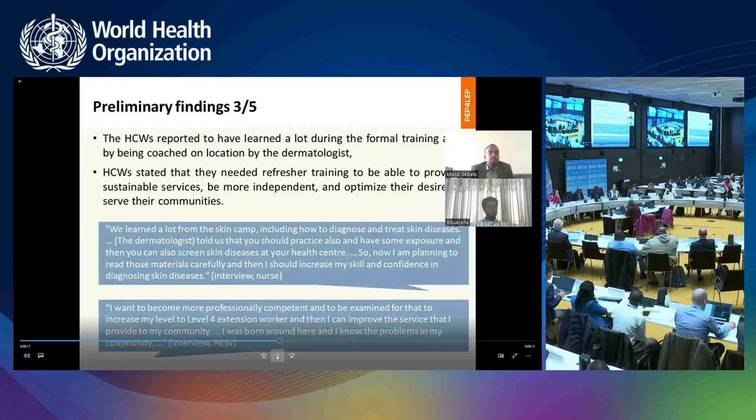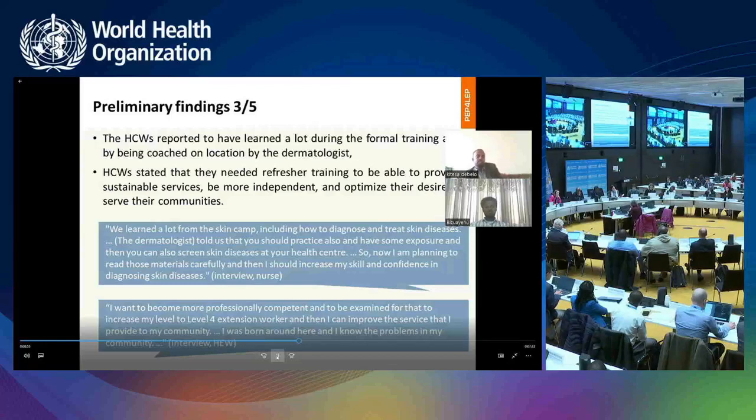The healthcare workers reported that they learned a lot during the formal learning, and beyond that, they were coached by the dermatologist during the community skin camps. They also stated that they still need refresher training to be able to provide quality service with respect to integrated skin screening, to be more confident and more independent, and to optimize their desire to serve their community.